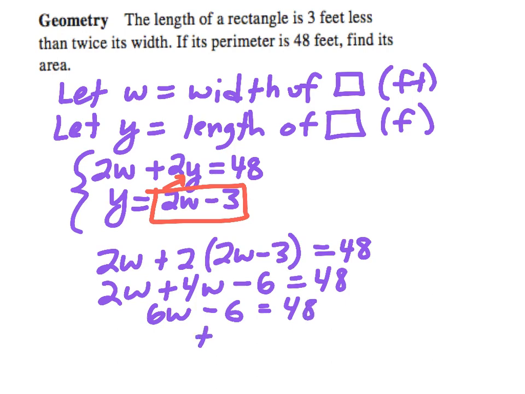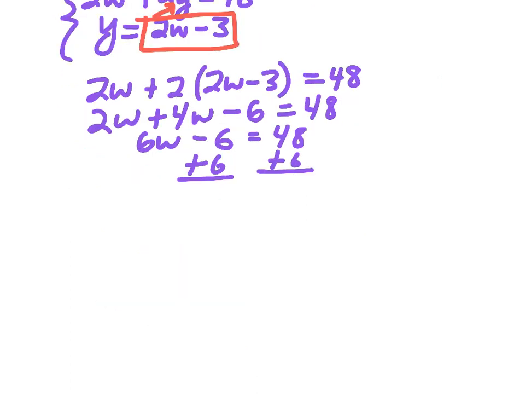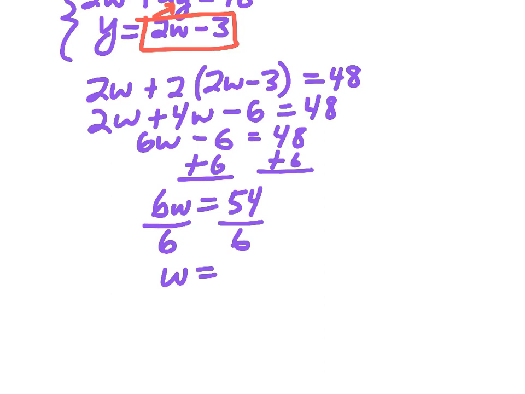I'm going to add 6 to both sides, and that will get me that 6W equals 54, and divide by 6, and I get W equals 9, and that's in feet.